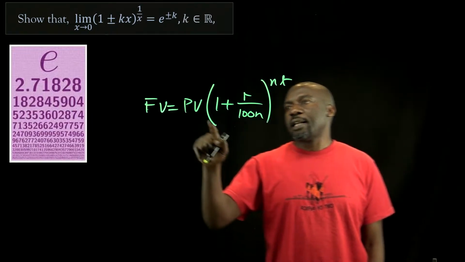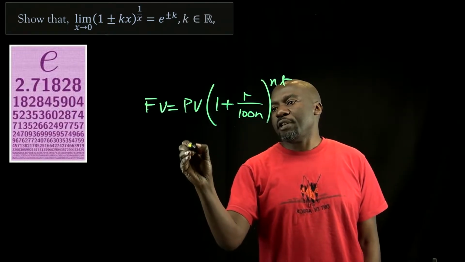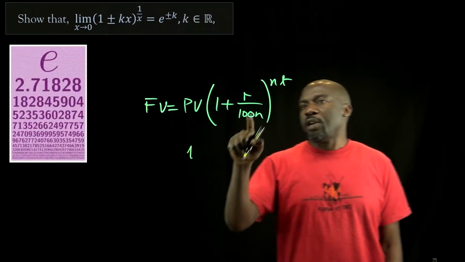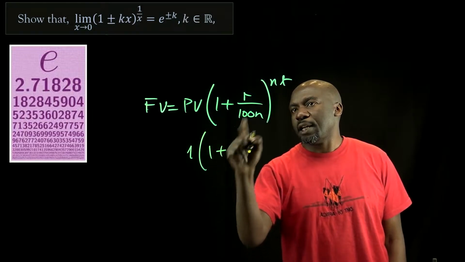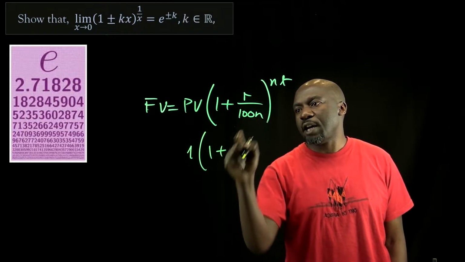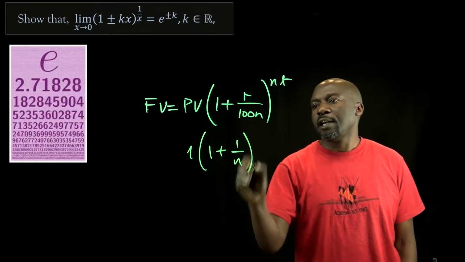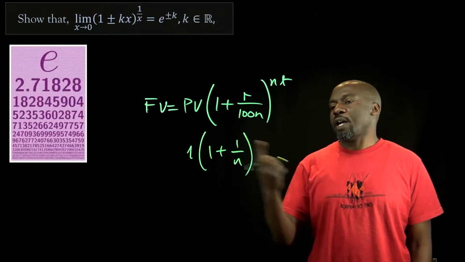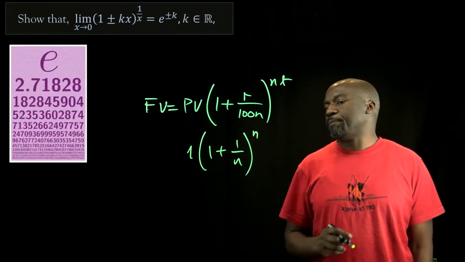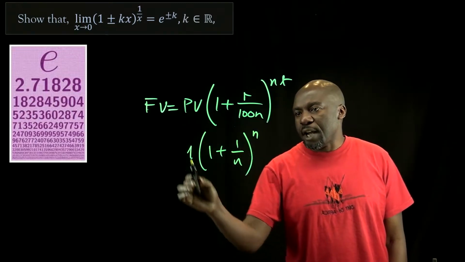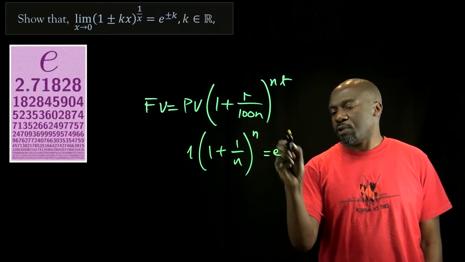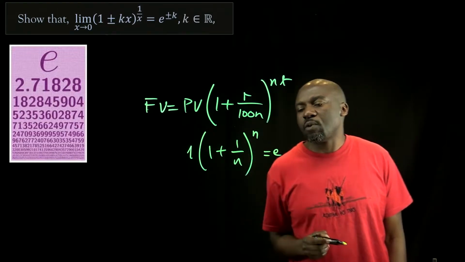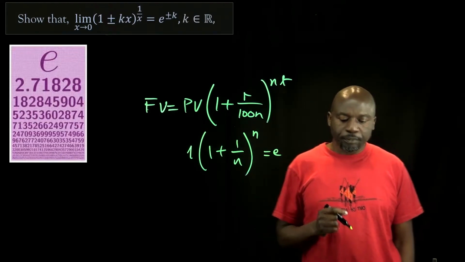So if we let the present value be a unit value, so 1, and we let the rate be 100%, then now we have 1 plus r as 100%, so divide by that, we end up with 1 over n. If we let the time be 1 year, then this just becomes power n. And in financial maths, hopefully you were able to show that this reduces to e, but if you didn't, that's what I want us to show now.